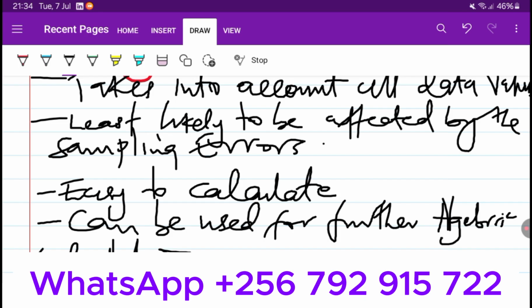So you can see that some of these points we have actually gotten them from the properties.